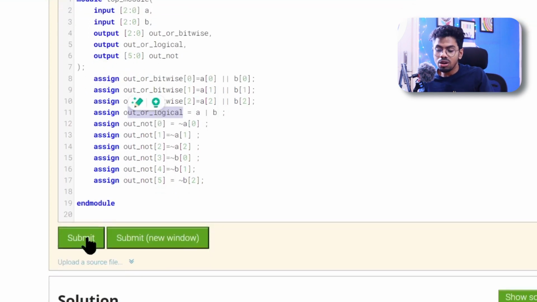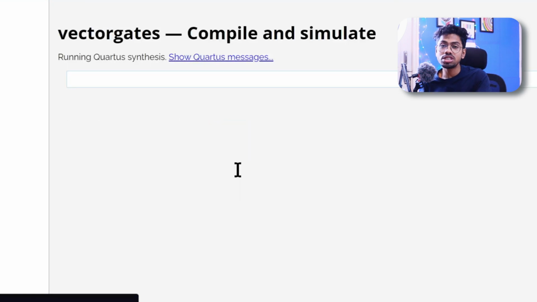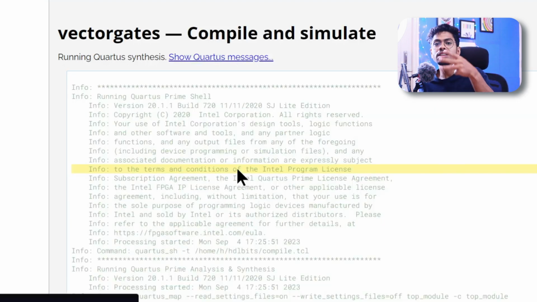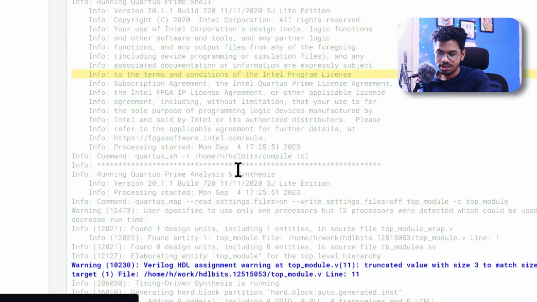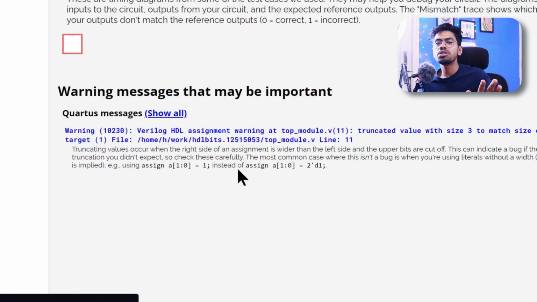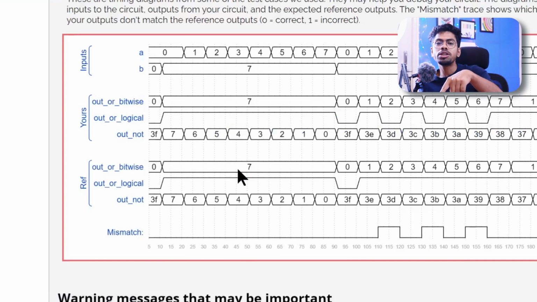So that's why we'll get a result, but the result will be false, and we'll also get a warning. In the warning, it will show that, hey, your result got truncated because you are trying to assign a 3-bit number to a 1-bit number. So anytime you need to use a logical operator, never use a bitwise operator. But in the place of a bitwise operator, you can use a logical operator, no issue.